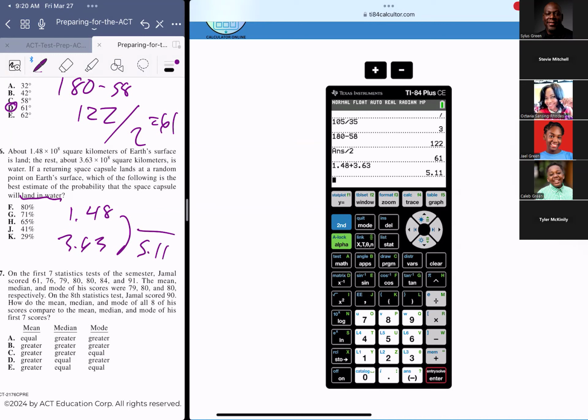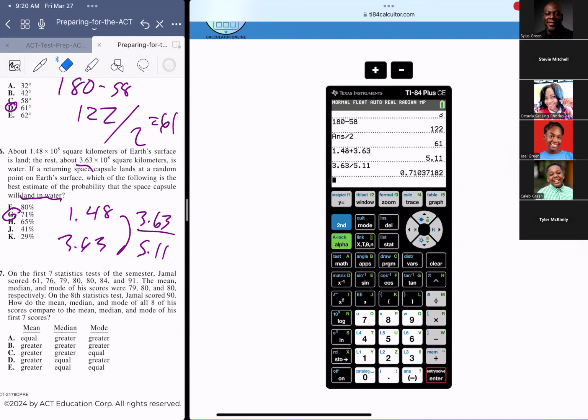And water is 3.63. So we do 3.63 over 5.11. That's 71%. So it would be G.